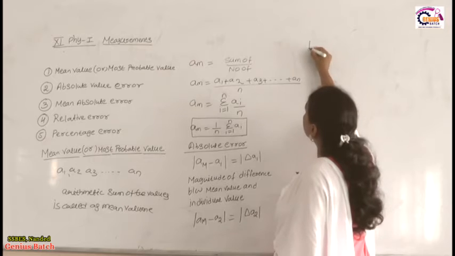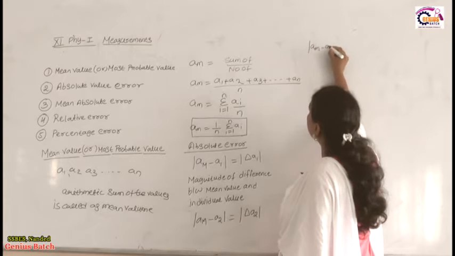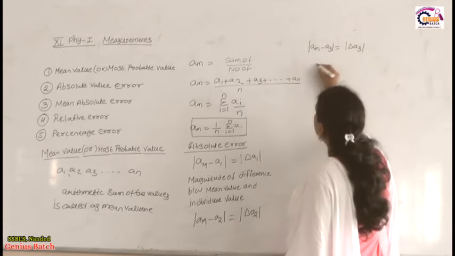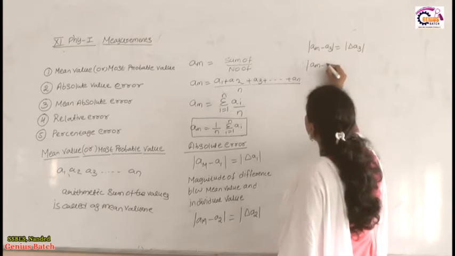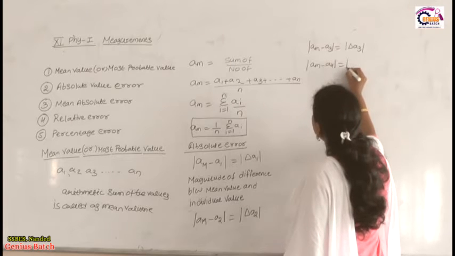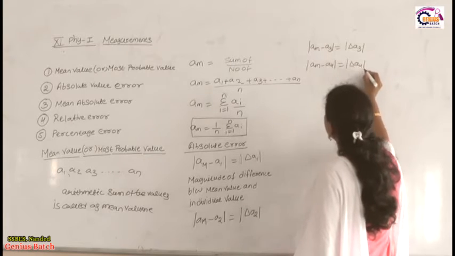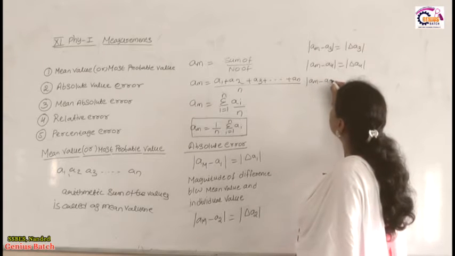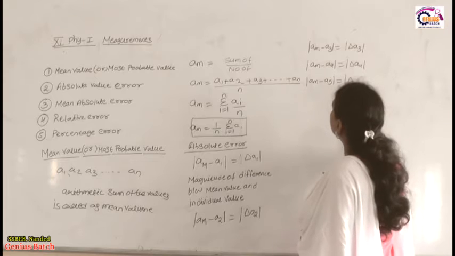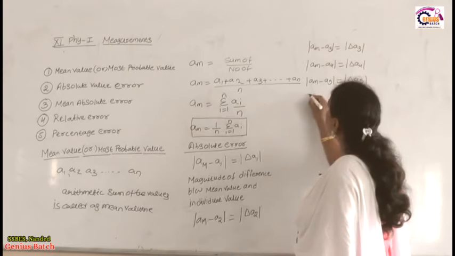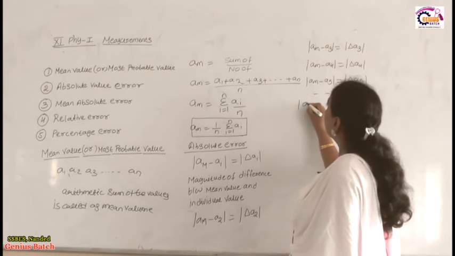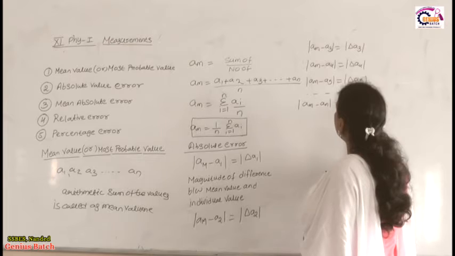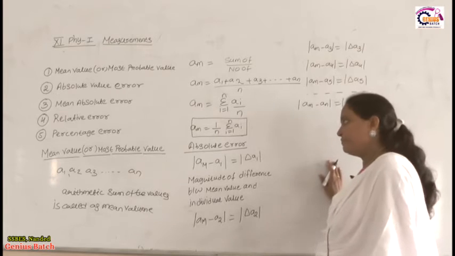Similarly, Am minus A3 is equal to delta A3, Am minus A4 is equal to delta A4, Am minus A5 is equal to delta A5, and the nth value, Am minus An is equal to delta An. This we have to remember.